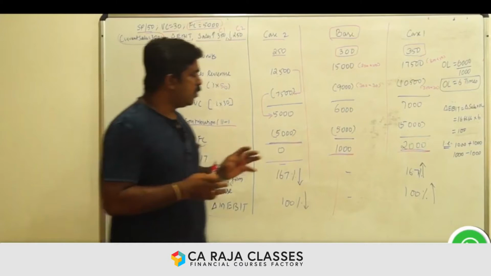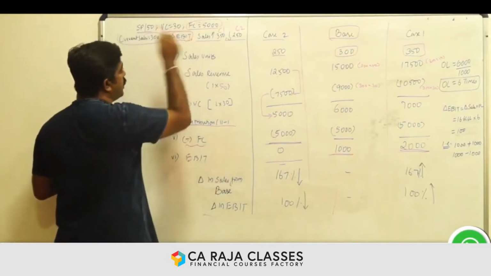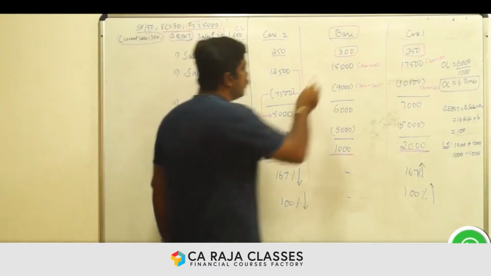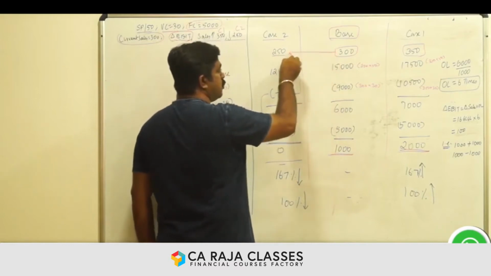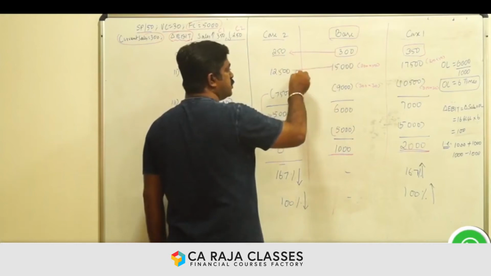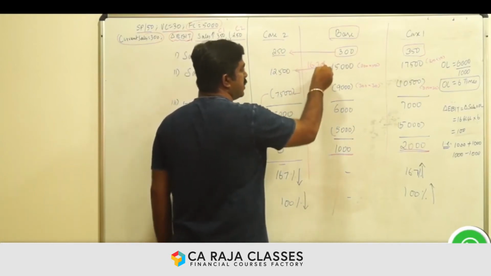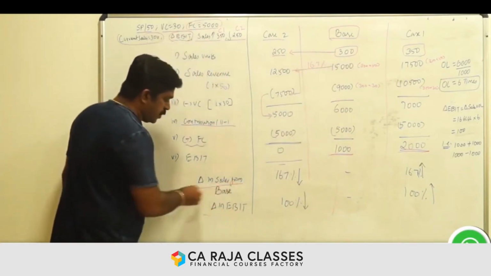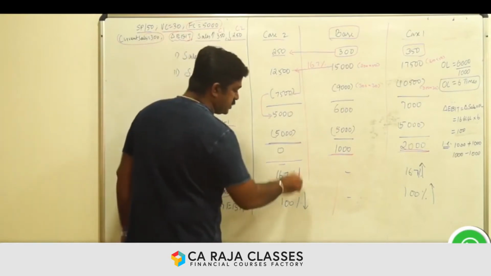We have to see what is happening to the EBIT, because our objective is to find out the change in EBIT when the sales increases, sales decreases. See, now look at the base case. From 300, sales has come down to 250. That is, sales dropped from 15,000 to 12,500. So we can say there is a 16.7% drop in sales. Change in sales from base is 16.7%, a drop.